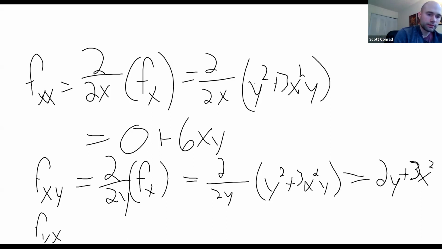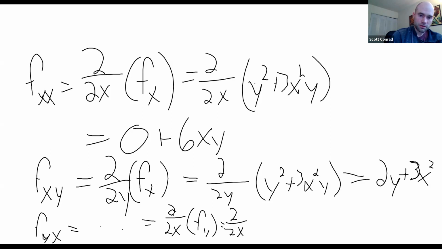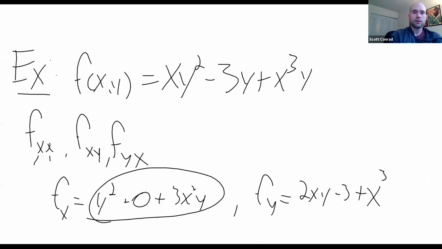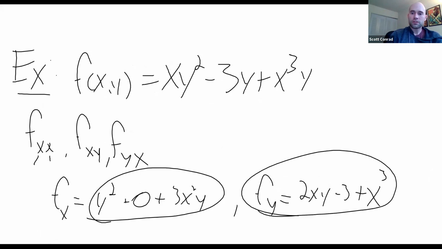And then very quickly, f sub yx is, first we take the partial with respect to y, and then we take the partial with respect to x. So the partial with respect to x of f sub y, we said f sub y is 2xy minus 3 plus x cubed.